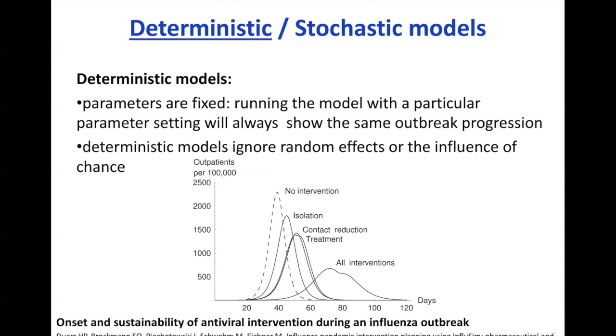The two most common other models are deterministic or stochastic models. If you get in contact with a modeler, a statistician, mathematician, or physicist who is doing mathematical modeling, you will either find a deterministic person or a stochastic person, somebody who prefers this or that model.